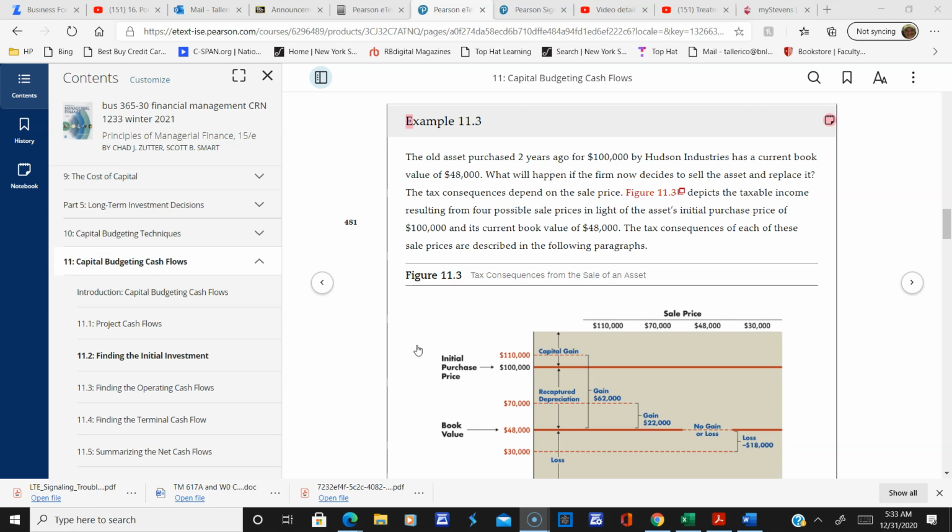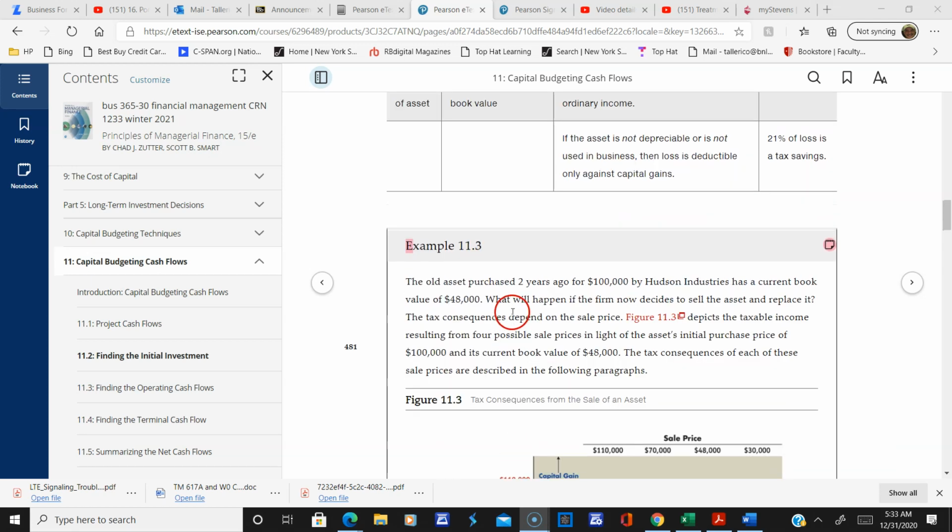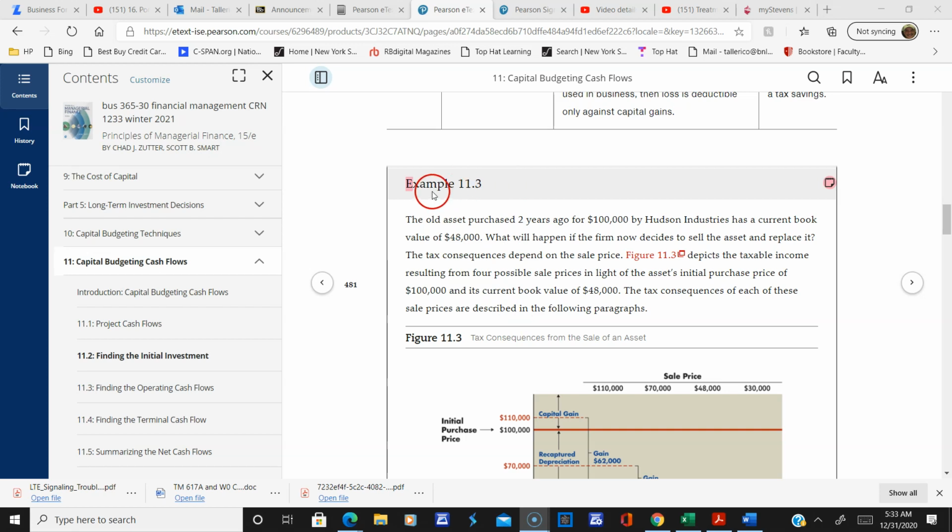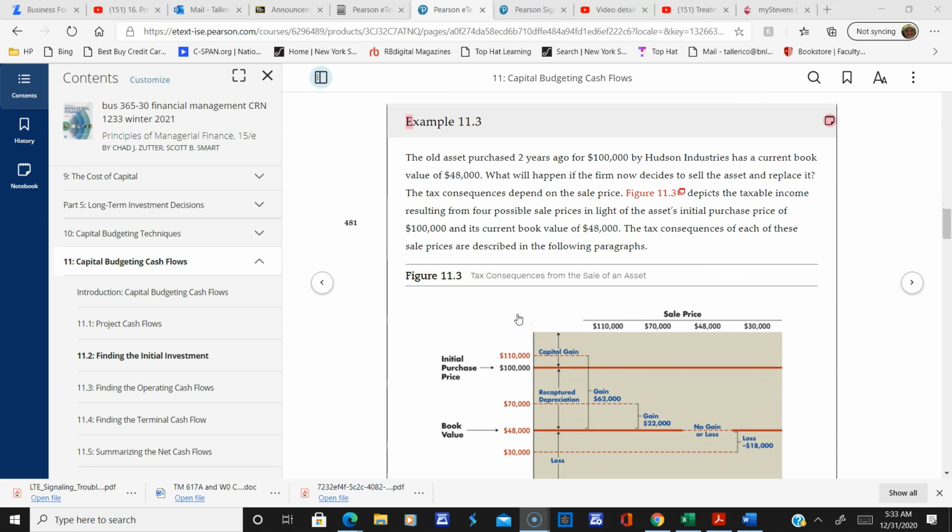is, after I take my sip of coffee, sorry about that, this example here where we left off, 11.3. I want to show you what happens with taxable considerations. The old asset was purchased 2 years ago for 100,000.